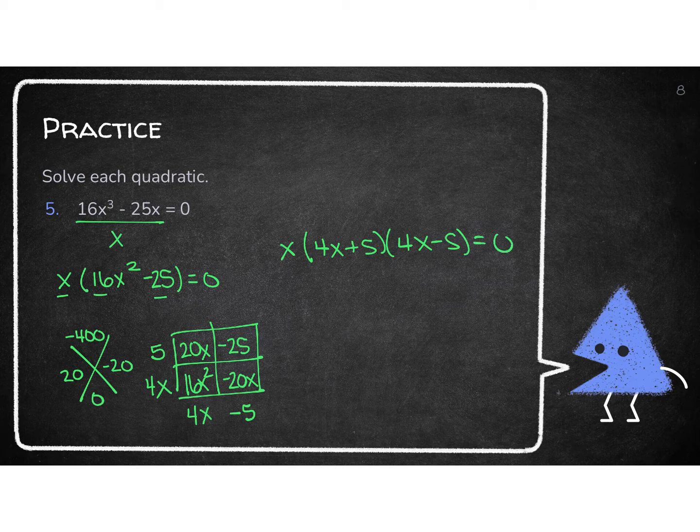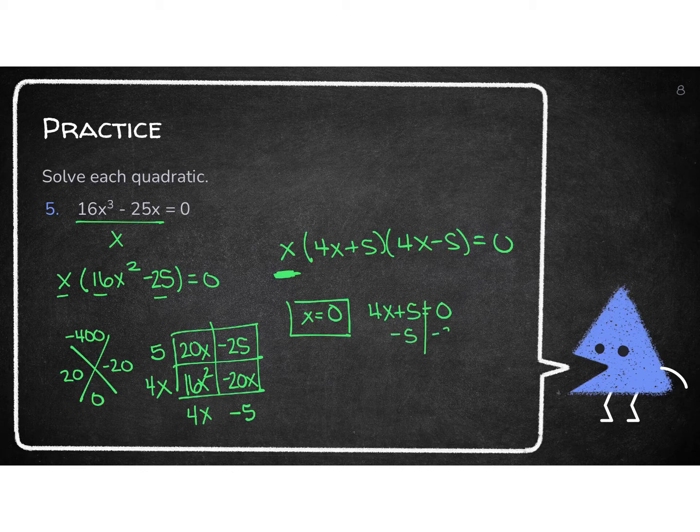So this is where I said you could have something out front here. If I gave you this and I said, what's the x value for this piece right here? You all would scream at me 0, because what you're technically doing is taking that little piece, setting it equal to 0 and solving. Well, there's nothing to solve, so that's one of my first answers. Then I'm going to do the next one, 4x plus 5, set it equal to 0 and solve.